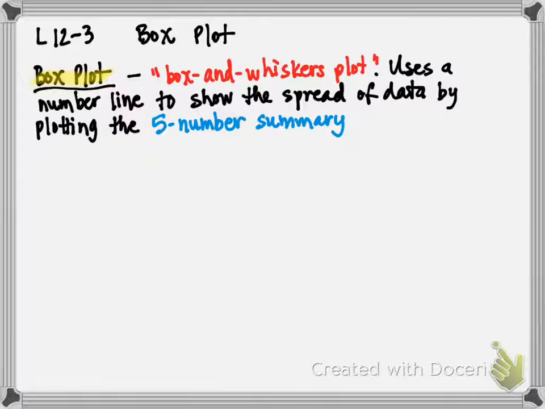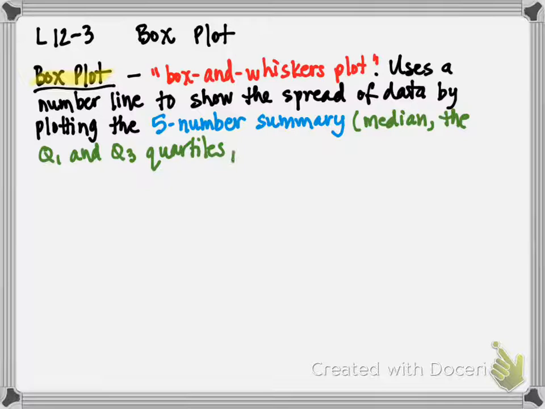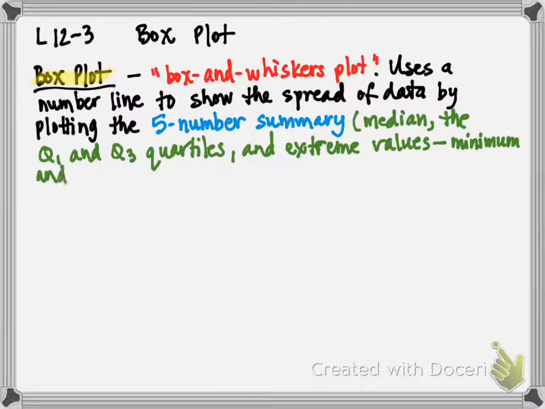And that includes the median, the quartiles, the Q1 and Q3 quartiles, and the extreme values, which are the minimum and maximum. So those are the 5 key ideas.